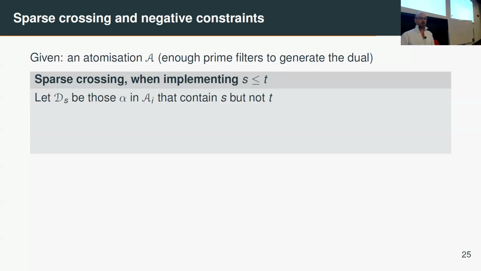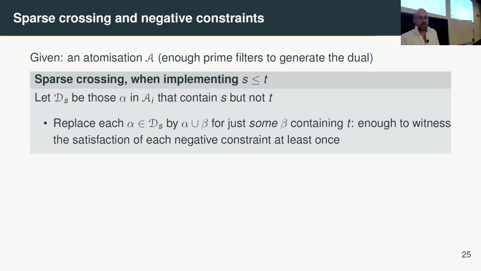Now we want to keep only some of them. So instead of putting all of the new amalgamated ones in, we only put them in provided that we're making sure each negative constraint is verified as not being classified at least once.